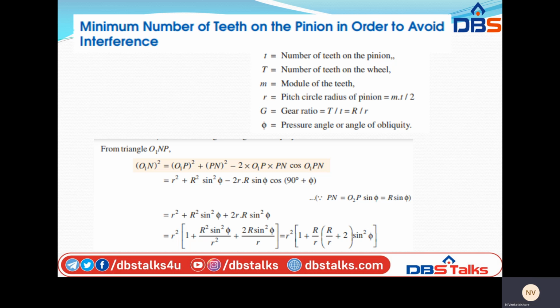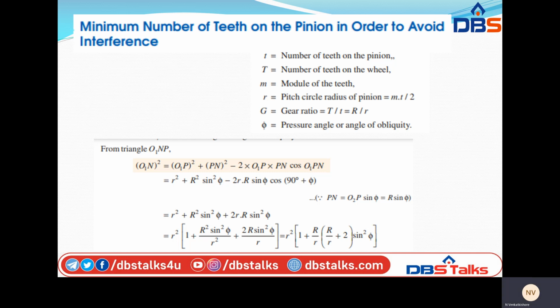From the triangle O1NP, O1N whole square is equal to O1P whole square plus PN whole square minus 2 into O1P into PN cos of O1PN.